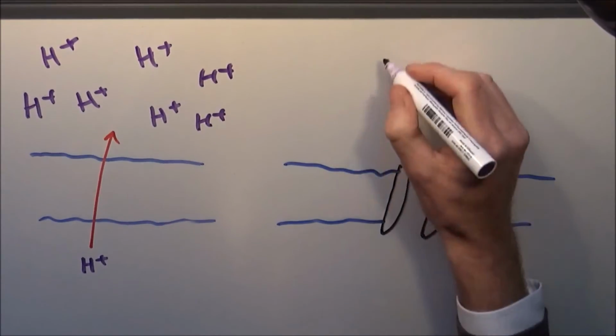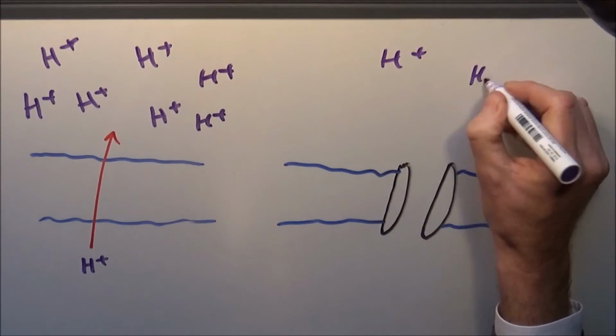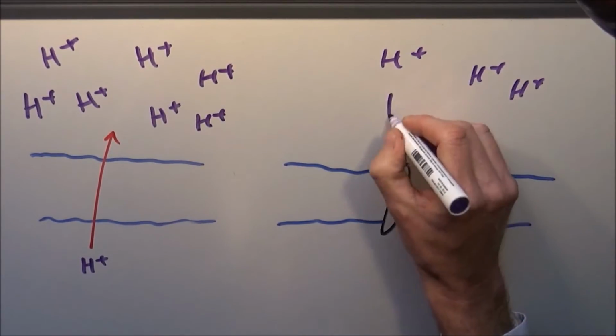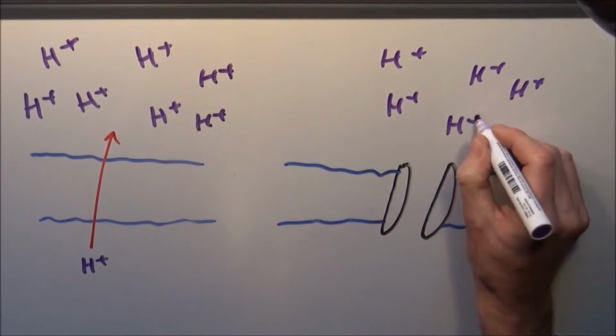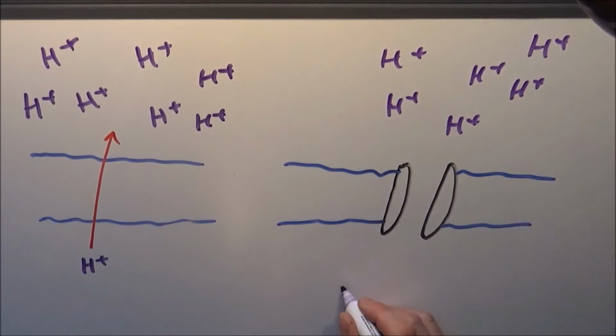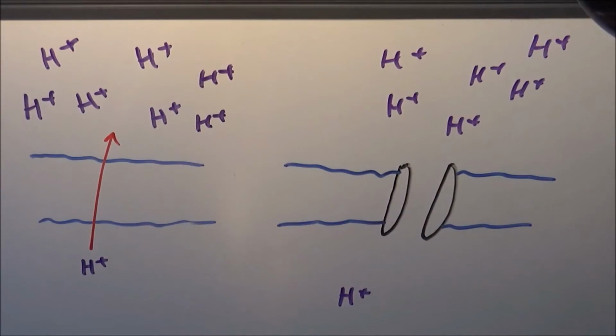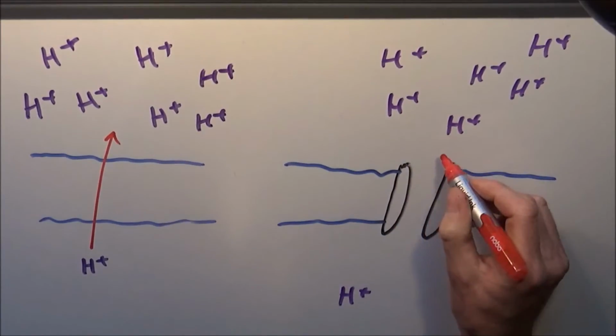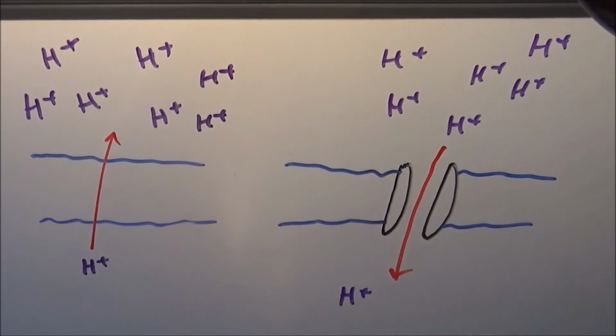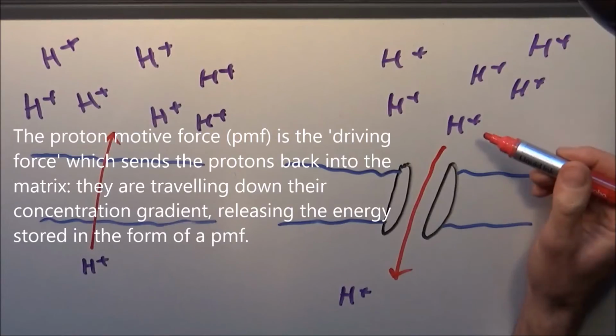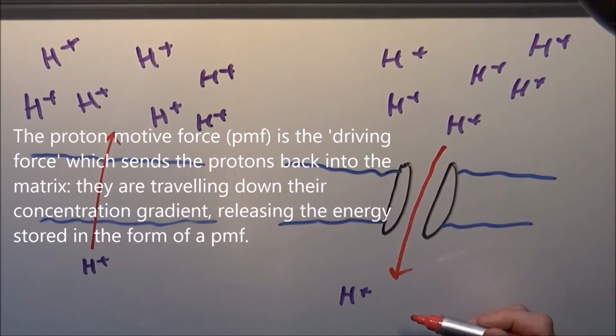Got lots of protons on this side that we've transported there, and relatively few on this side. So if we open a channel through the membrane, which way are the protons going to go? They're not going to go that way. They're going to spontaneously diffuse down their concentration gradient from a place of high concentration to a region of low concentration, and that is releasing energy.